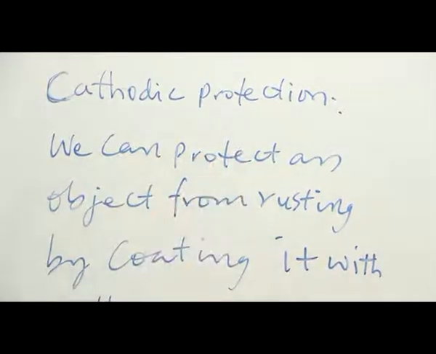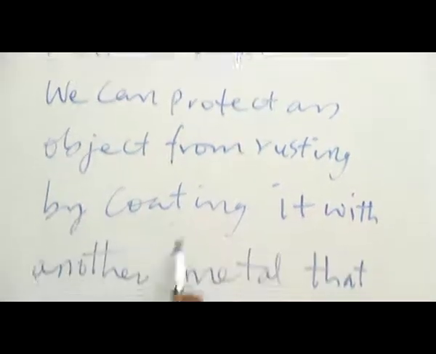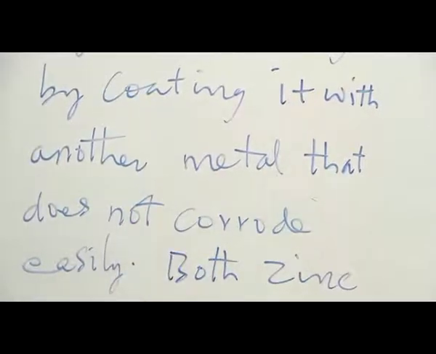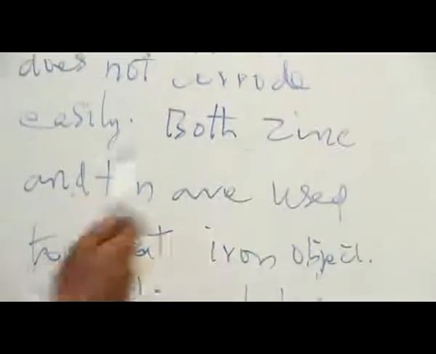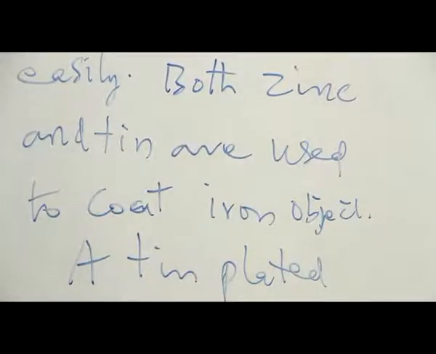Cathodic protection. We can protect an object from rusting by coating it with another metal that does not corrode easily. Both zinc and tin are used to coat iron objects.